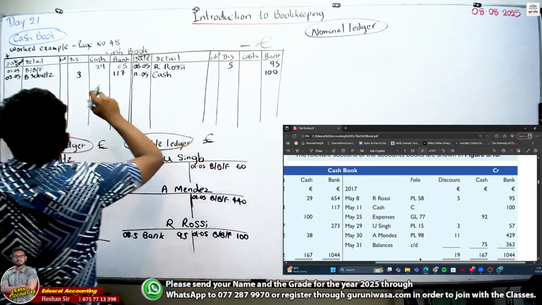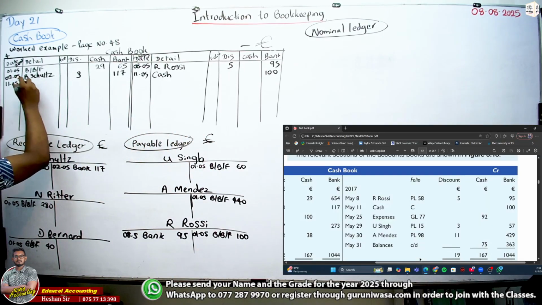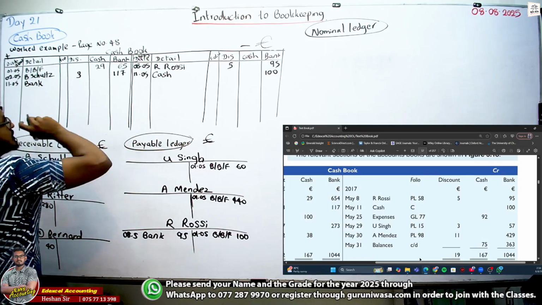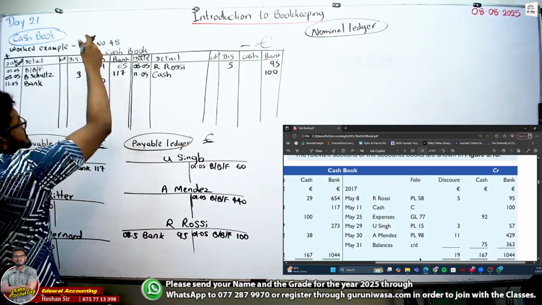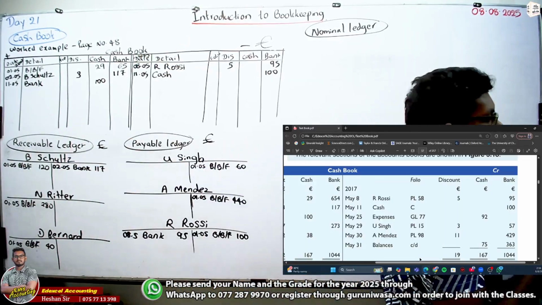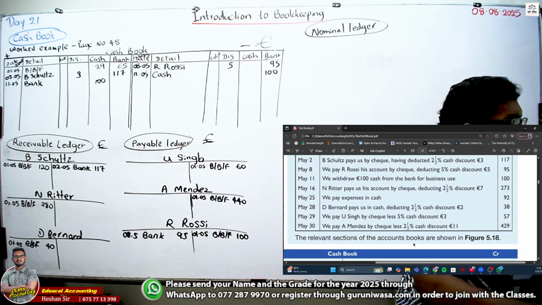Here on the 11th we write bank because the credit entry is in the bank column. So cash debit 100, bank credit in the same book. It does not go to the payable ledger, the receivable ledger, or the general ledger.